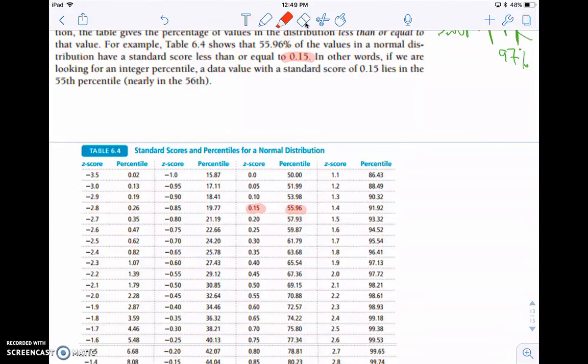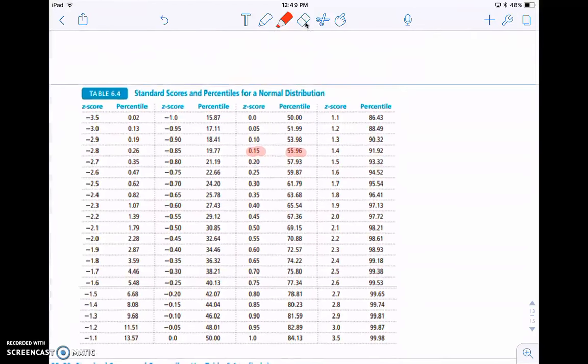Again, the higher the z-score, the further you are above the mean, the bigger the percentile. Another example here, if you're one standard deviation above, that's the 84.13 percentile, which is very close to what we had in our previous example, which is 84%.